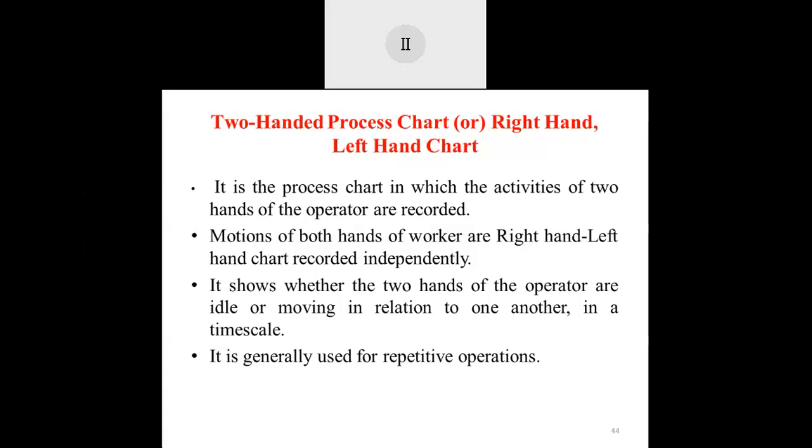Now in this chart, we will see how the operator, a human being, uses his two hands. From the name itself, two-handed process chart, it records what types of work will be done by the two hands of that operator.